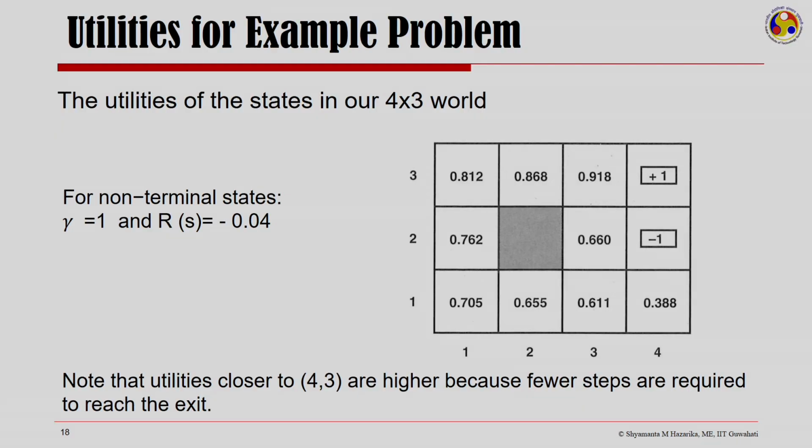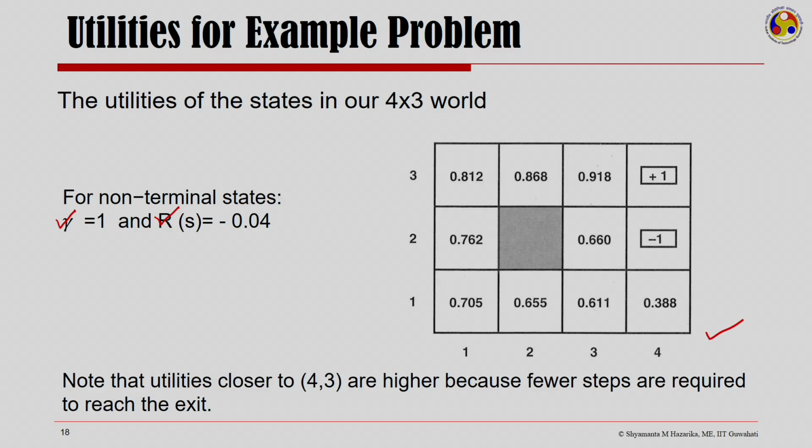And then let us look at utilities for our example problem. So, the utilities of the states in our 4 cross 3 world, for our non-terminal states, we take gamma equal to 1 and the reward being minus 0.04, we have computed the utilities as shown here.